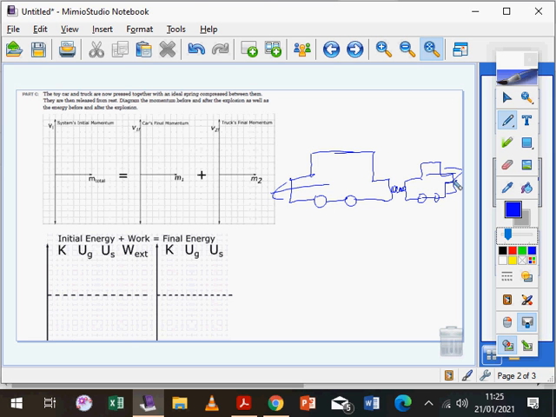For your scale, I'm just going to go 1, 2, 3, 4, 5, 6, 7, 8. What is the car's final momentum? This is the car. This is the truck.